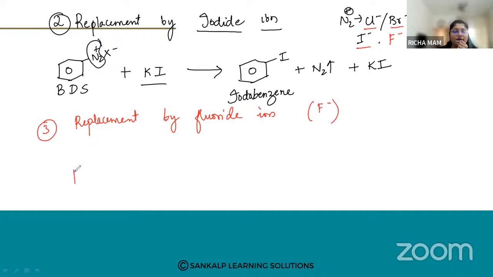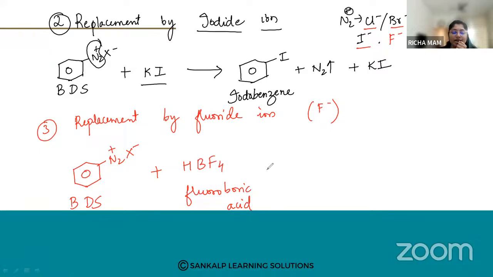Again, I'm going to take benzene diazonium chloride, benzene diazonium salt, and treat it with fluoroboric acid, that is HBF4.